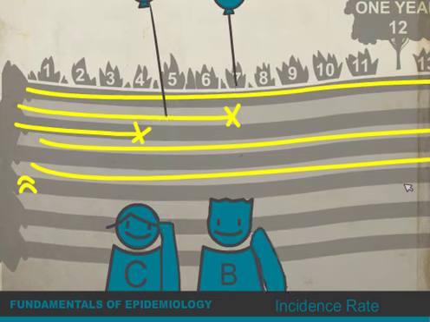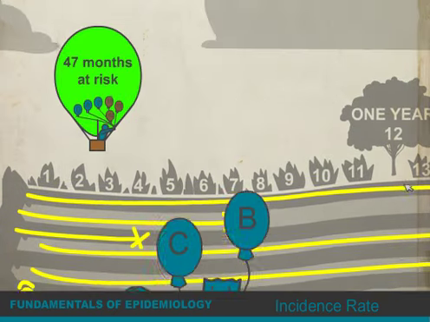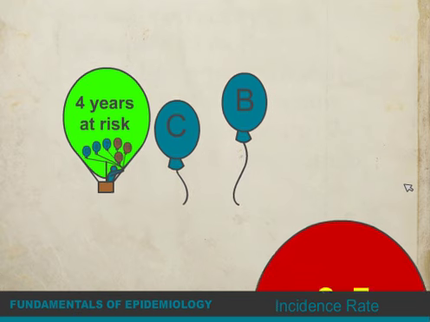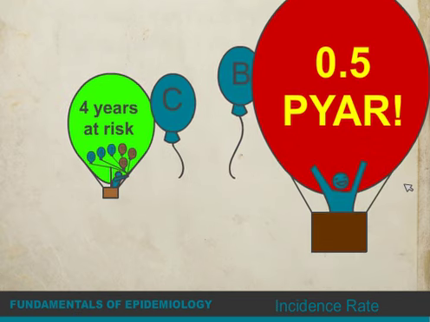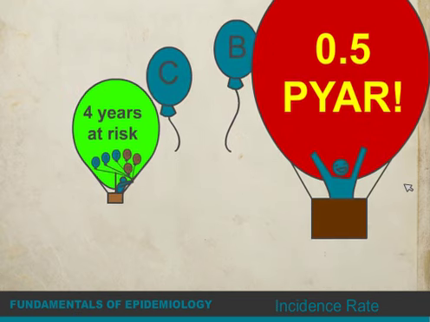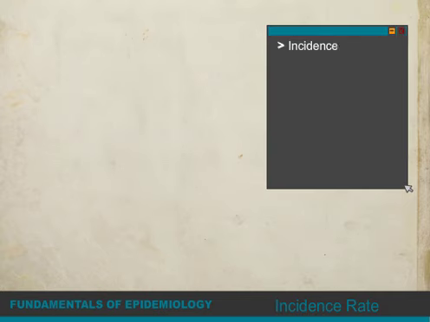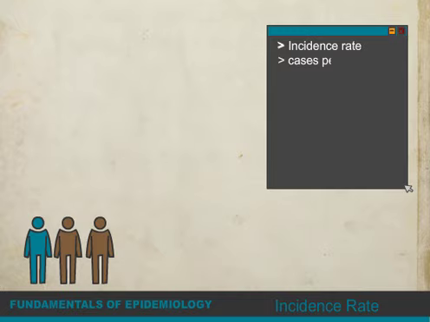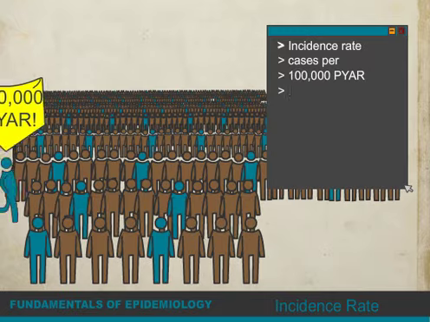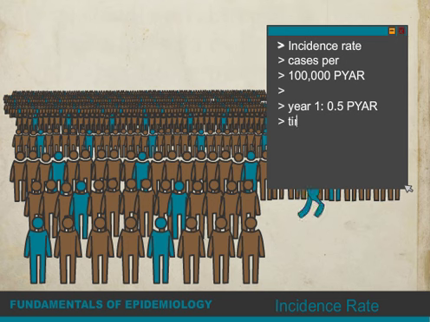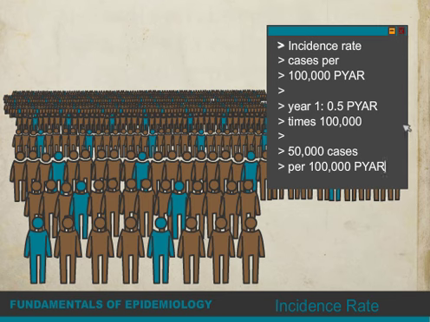So it's 2 cases for 47 months, which is roughly 4 years. So that's 0.5 cases per person year at risk. In epidemiology, we usually express incidence rate as cases per 100,000 PYAR. So in this example, the incidence rate for diabetes in year 1 of our study is 50,000 cases per 100,000 PYAR.